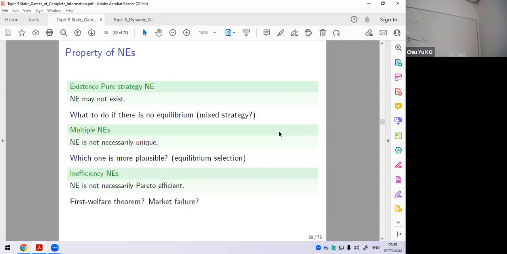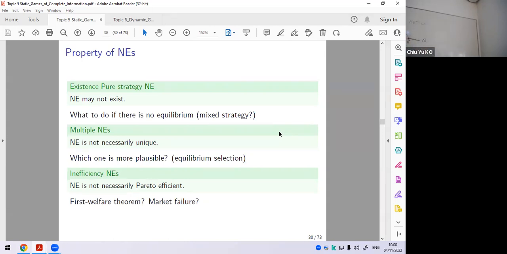So these are properties of Nash equilibrium, and the first one, an unfortunate fact, is that in some cases it will not exist. We'll talk about existence at the end of this topic. The next one is what we call multiple Nash equilibria.